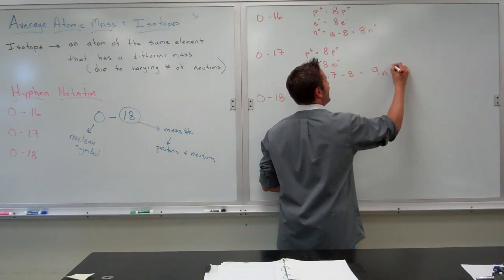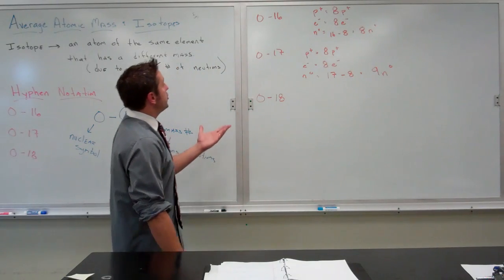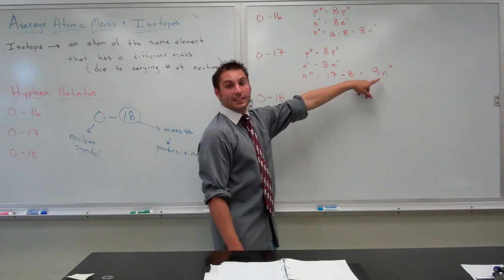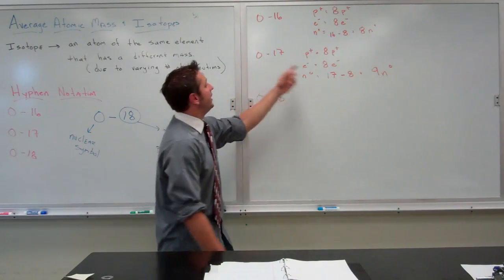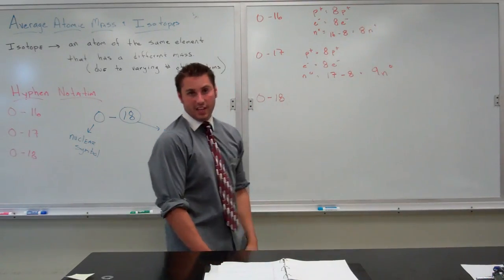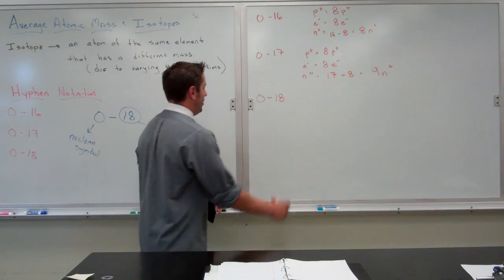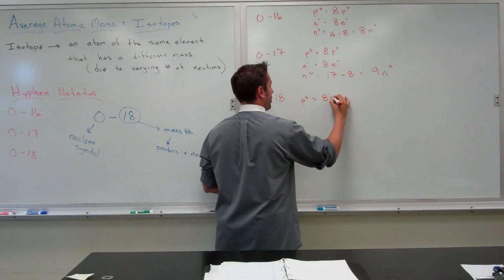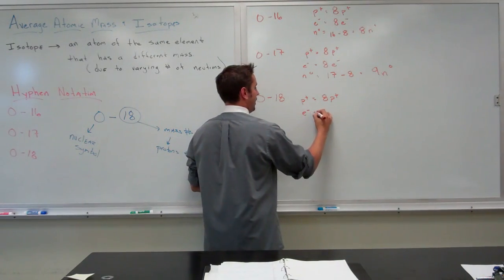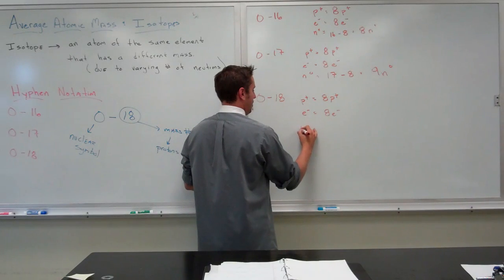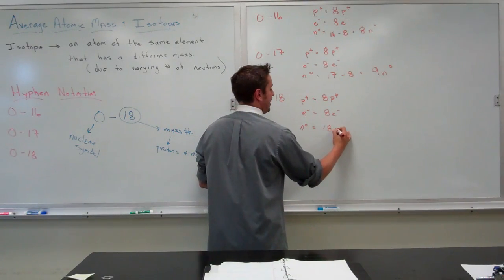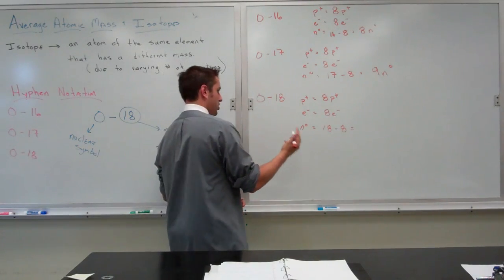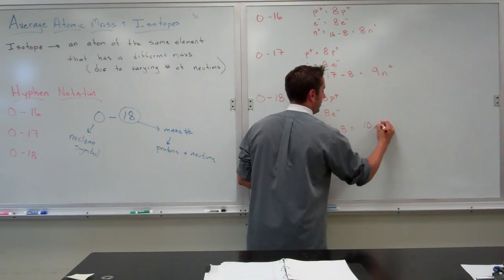This has 9 neutrons. So you can see the reason for the variance in the mass has to do with the fact that an atom of O-17 has 9 neutrons instead of 8. No surprise here. Oxygen-18 would have 8 protons, 8 electrons, and now 18 minus 8, because the mass number was 18, which means it would have 10 neutrons.